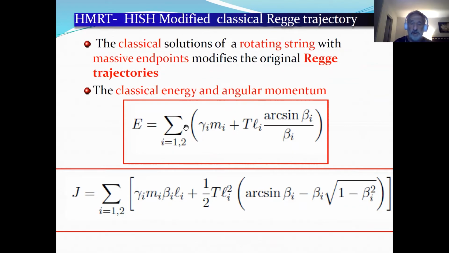So we get a contribution of the endpoint particles to the energy and to angular momentum, and the contribution of the string. And with the massive endpoints, we cannot eliminate the length and write an expression as in the trajectory that relates directly the angular momentum and the mass. But for special cases, of small masses and large masses, we can.